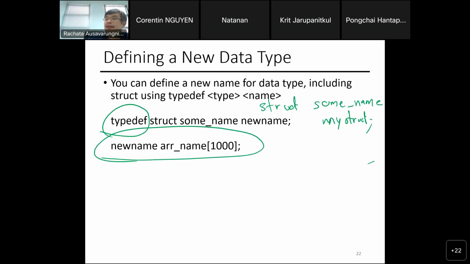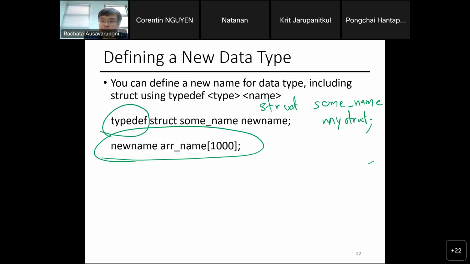The typedef command is the type definition. Now I'm creating a new type. I call struct somename newname. So newname becomes a new data type. That data type will have one integer, one floating point. It will work exactly as a struct somename. I'll show you some examples when we do the example coding, because this might confuse you.